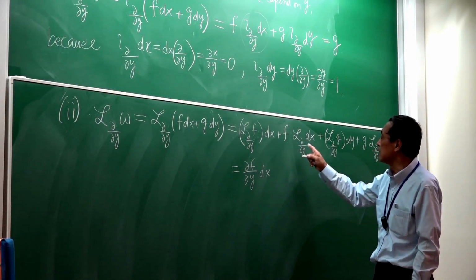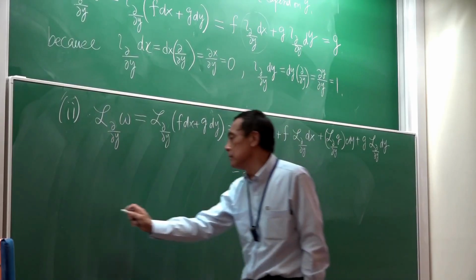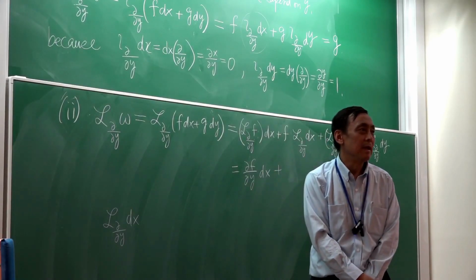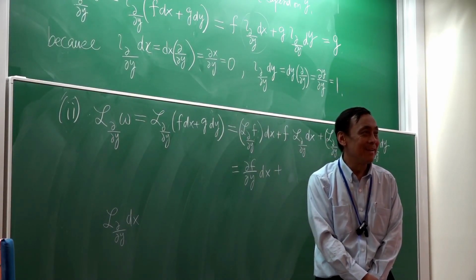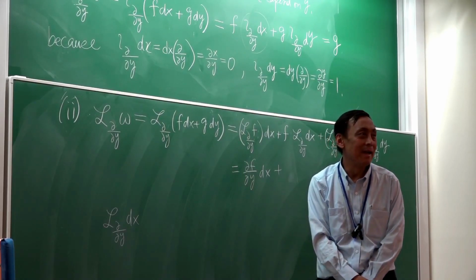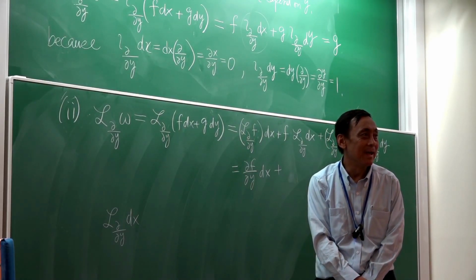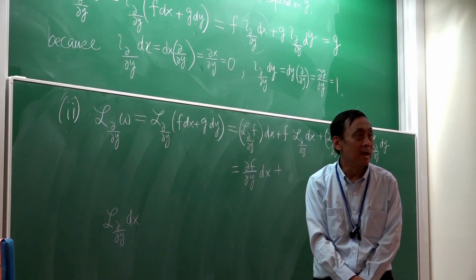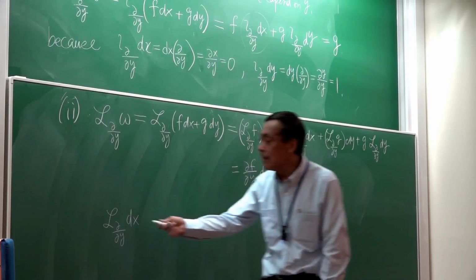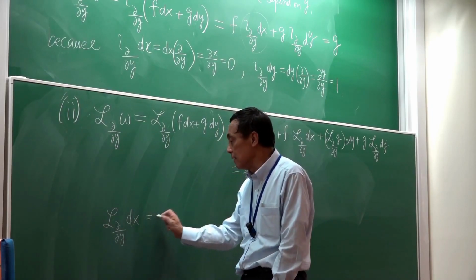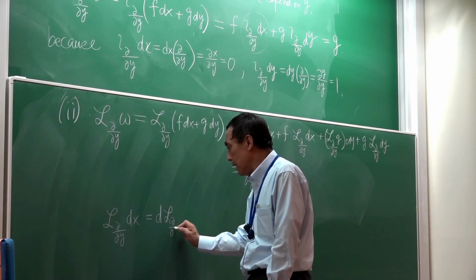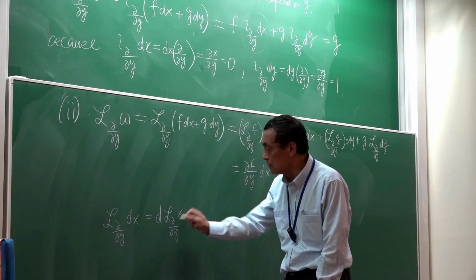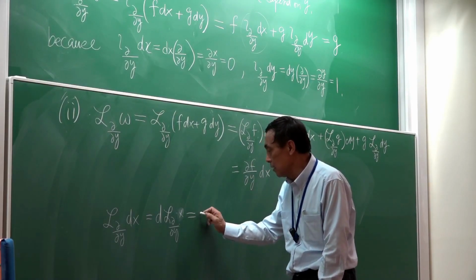And now what is L_{d/dy} of dx? It's 0. How do you get 0? d and L commute, so this is d of L_{d/dy} of x, and the Lie derivative of a function is the usual derivative.